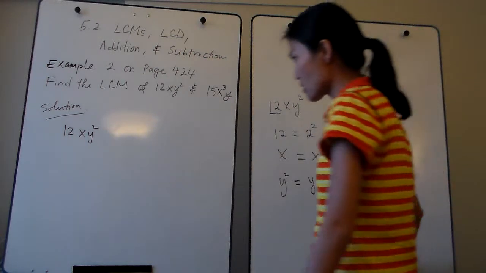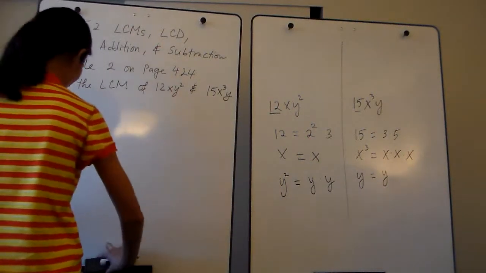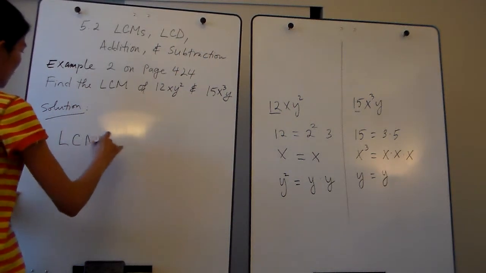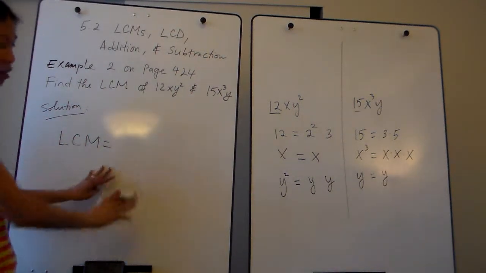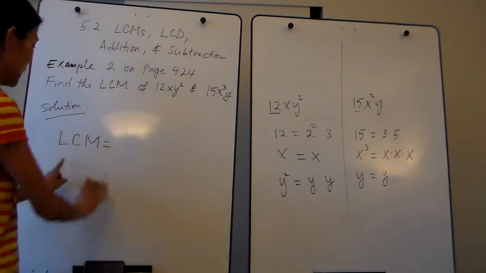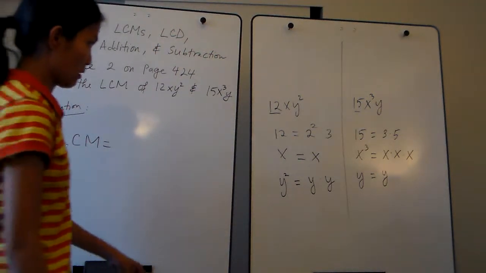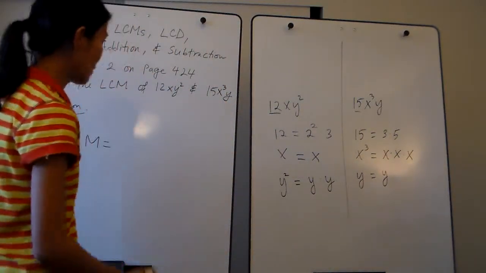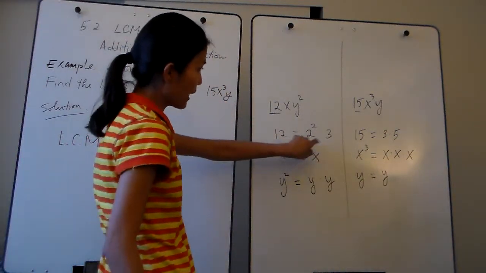So for coefficients, I'm going to write all the factors that belong to the LCM. For 12, you have a 2 and a 3, right?